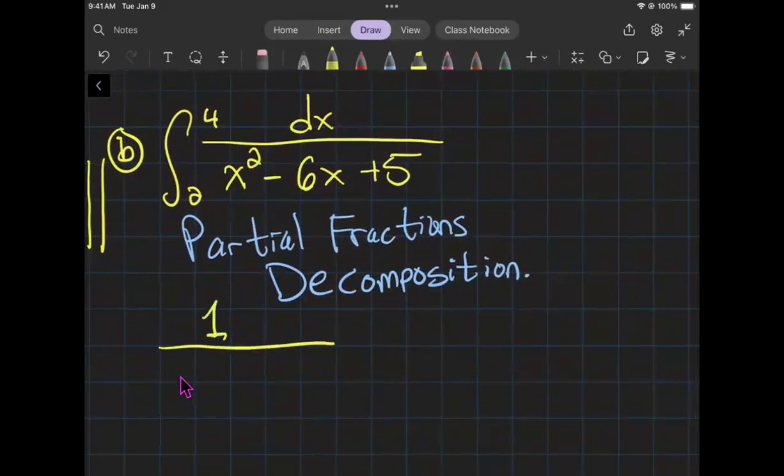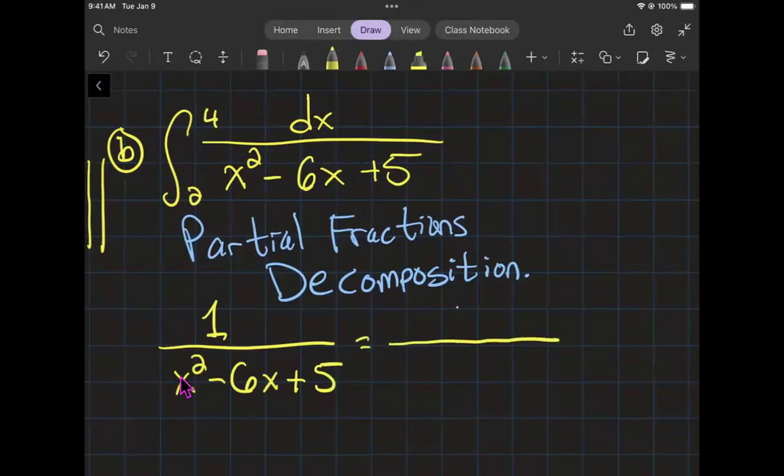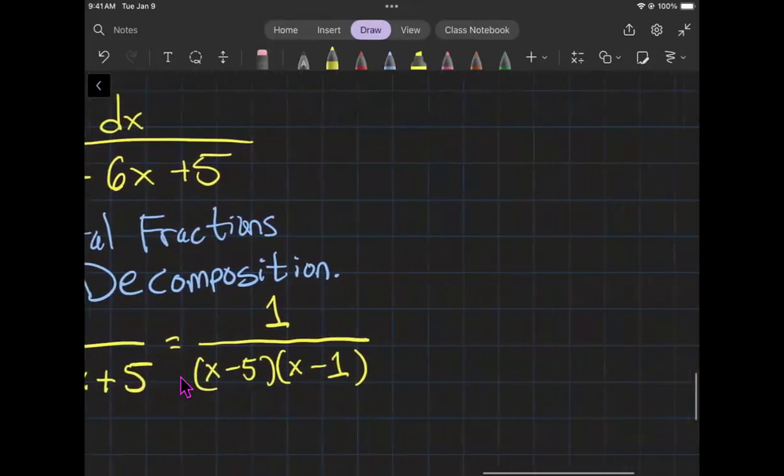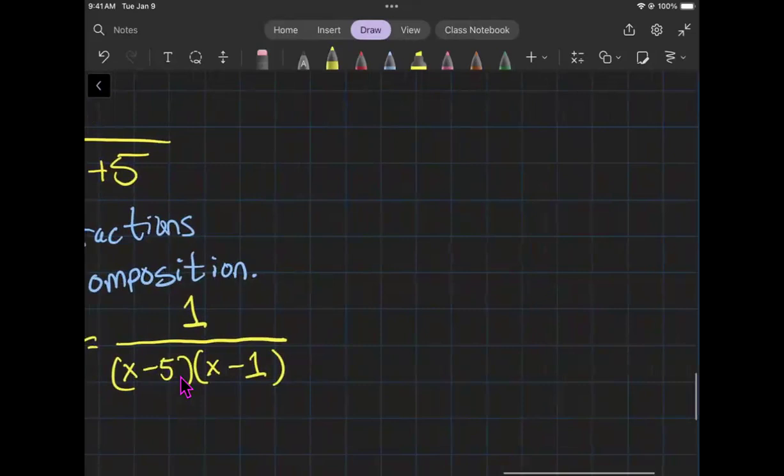So the quantity that's in the integral, right? 1 over x squared minus 6x plus 5, right? You want to factor the denominator as much as you can. So the denominator factors as x minus 5 times x minus 1, right? So the partial fractions decomposition looks like this, right?